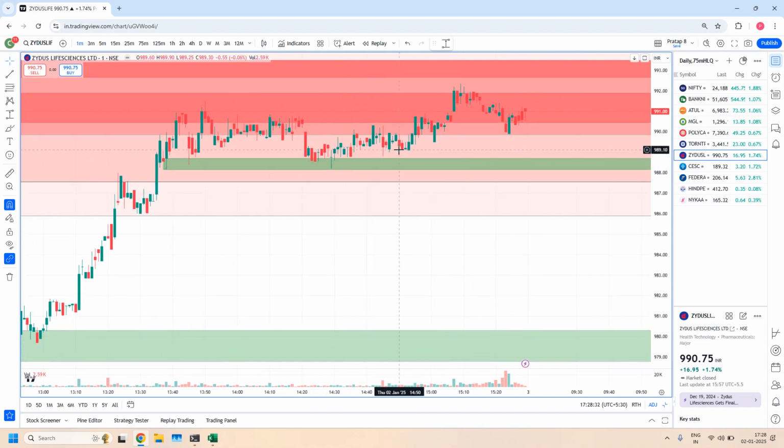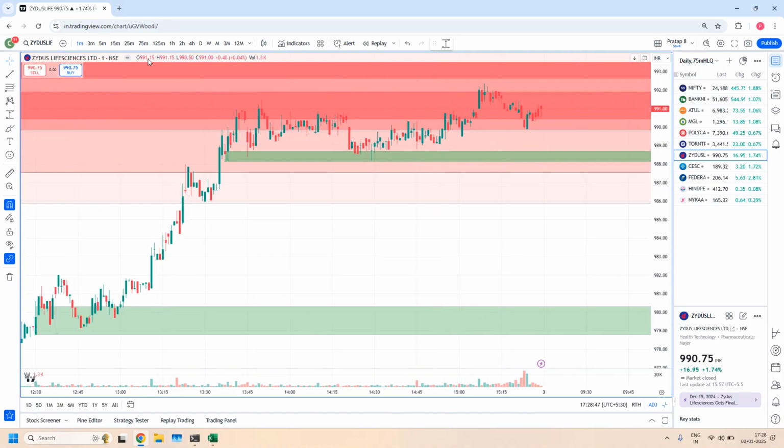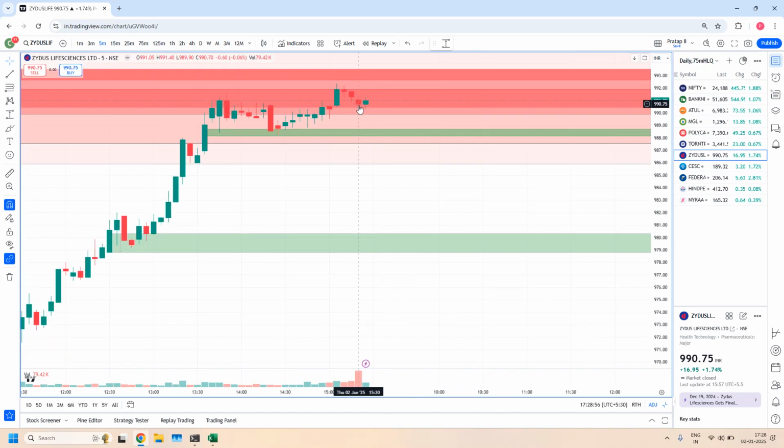In case you are still carrying, somewhere here inside this zone you have to close, because it is already 3 o'clock when prices are here. Is it violated? Actually no, it's not violated. It is just pierced. Go to the 5 minute time frame. It is within the stop buffer. Generally you add some stop buffer. But finally prices closed inside the zone.